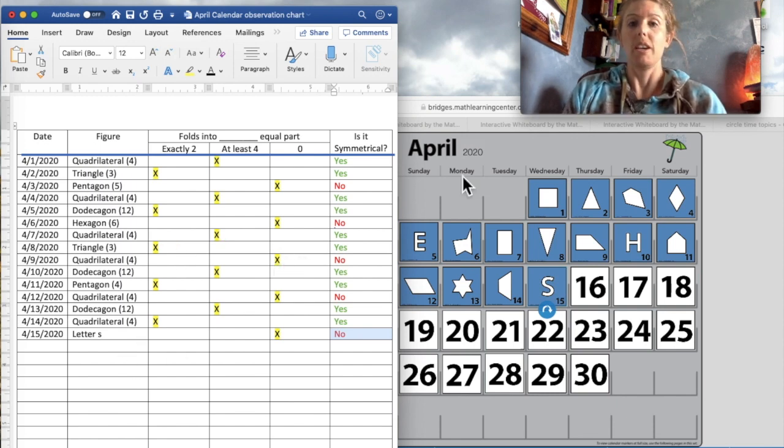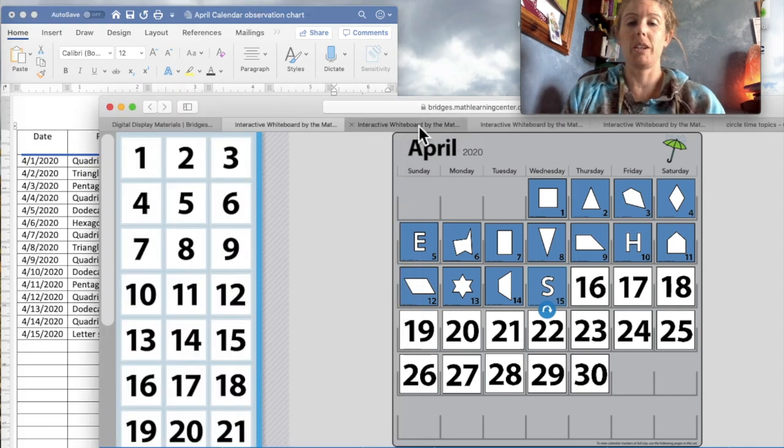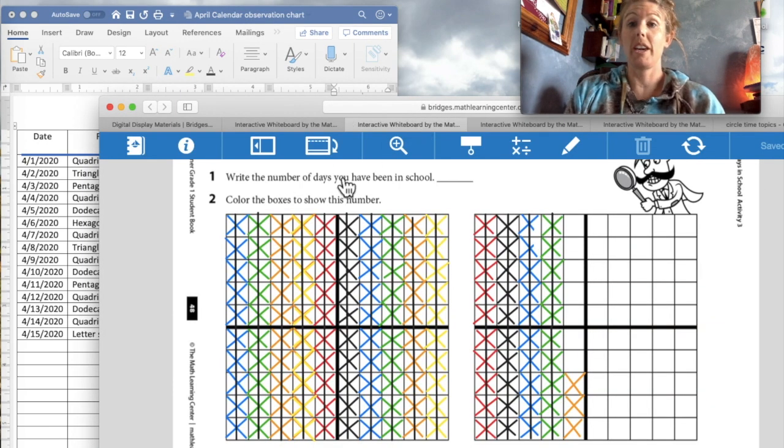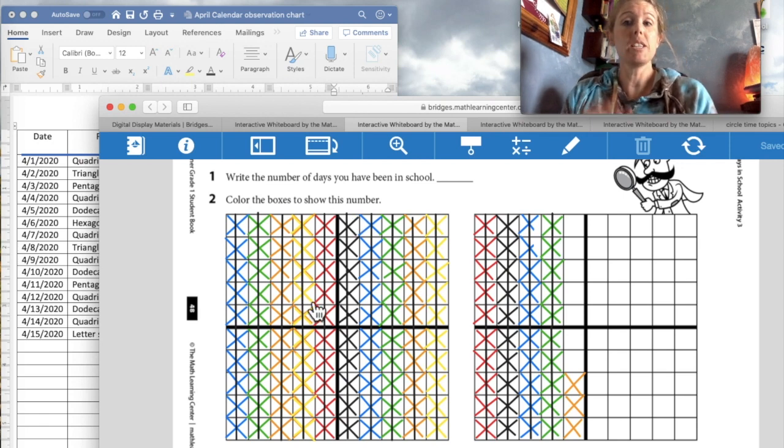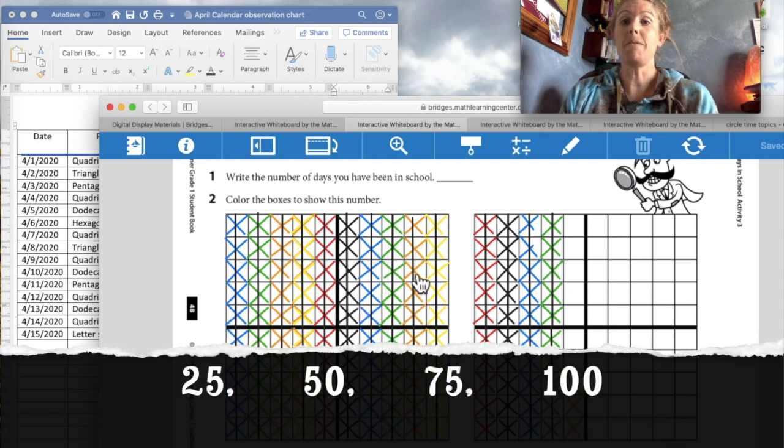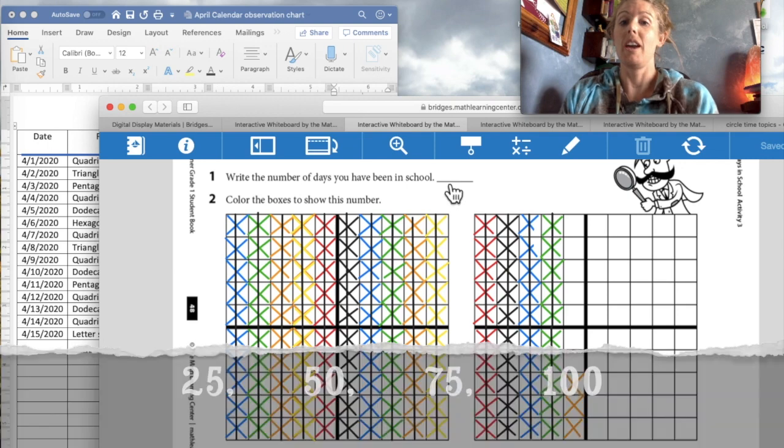All right, over to how many days we've been in school. Looking at our chart here, if it is all filled up, what does that say? Oh yes, it does say 100. If you thought that too, say me too, me too. We can count by 25s for the smaller squares within our larger 100 square. 25, 50, 75, 100.